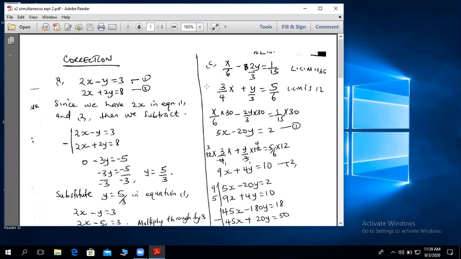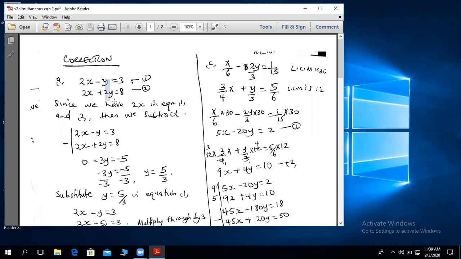We said you can choose to eliminate x, but before you start eliminating, always make sure that your equations are arranged. For example, this one is containing x, that first column, and that is x, and this is y.